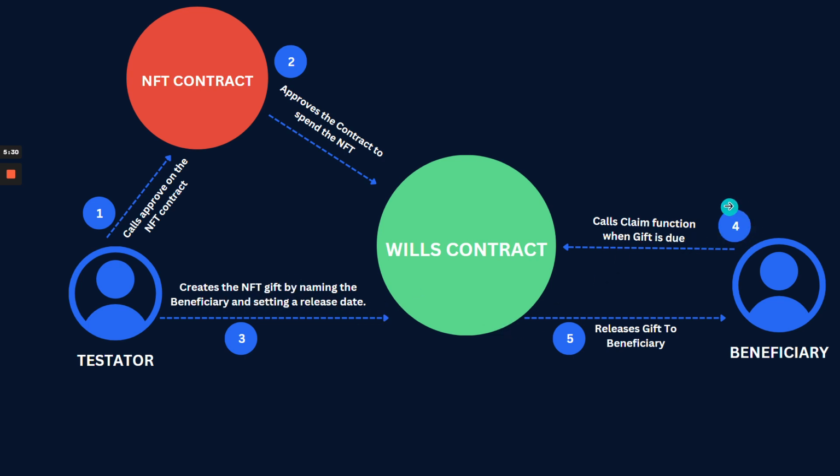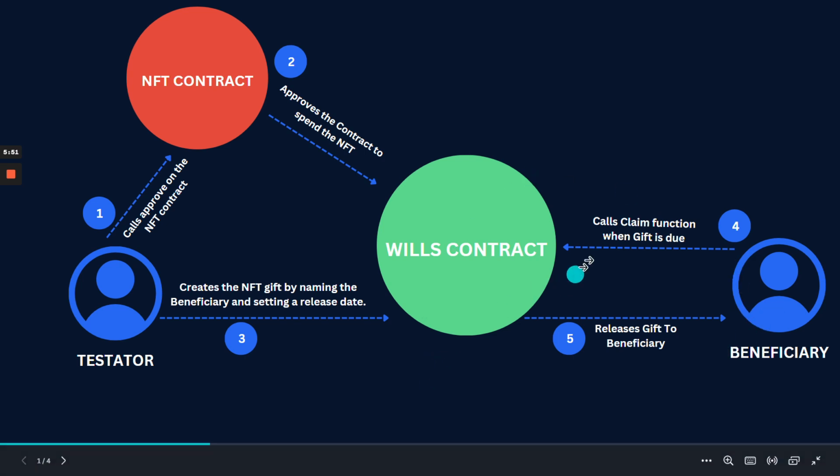Again, once the time set by the testator has elapsed, the beneficiary can then call the claim NFT gift function. And if every single check goes well, then the NFT gift is released to the beneficiary and it becomes the owner of the NFT.